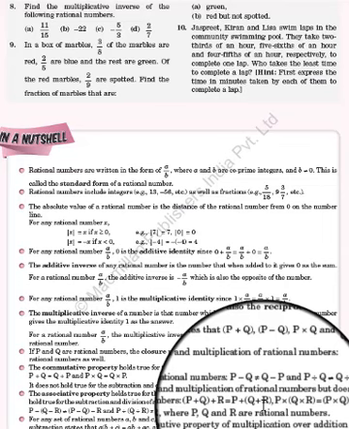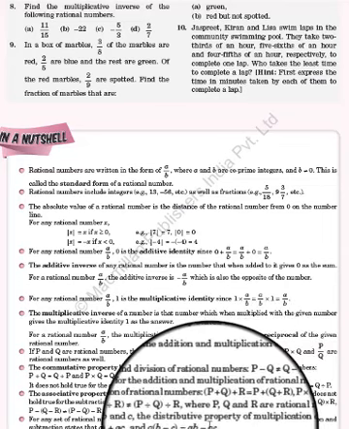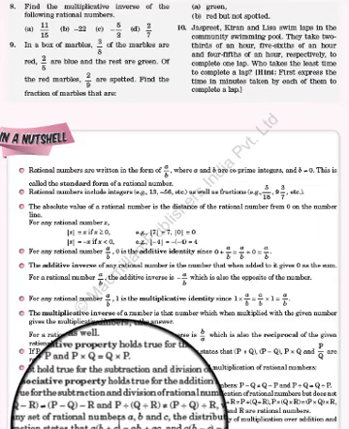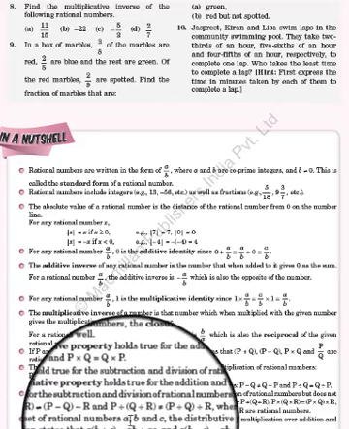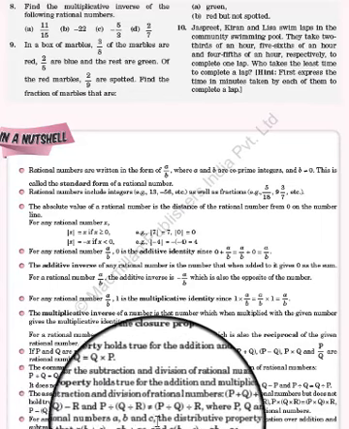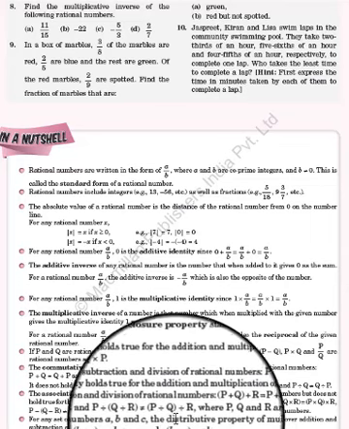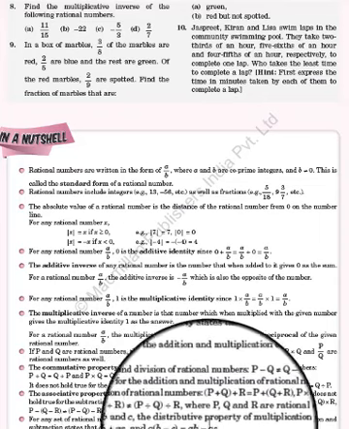For any rational numbers a, b, c, the distributive property of multiplication over addition and subtraction is given here. That is a multiplied by, in the bracket, b plus c. A gets distributed to b and c, so it comes out to be ab plus ac, and a multiplied by b minus c. Here a is distributed to b and c, so it will be ab minus ac.